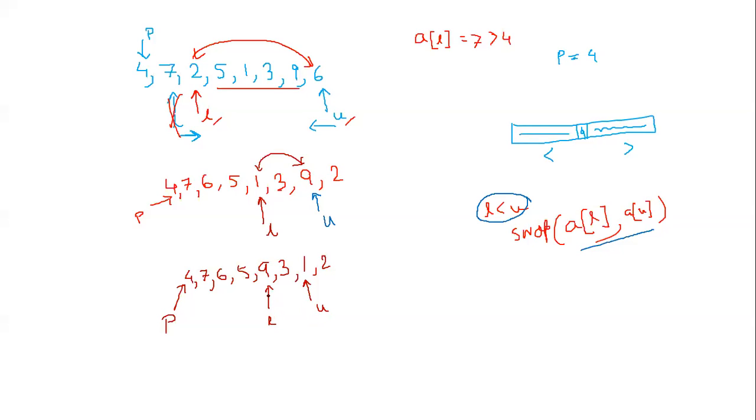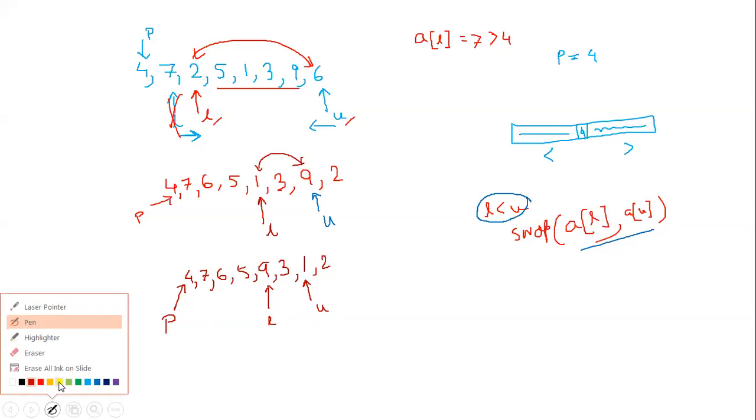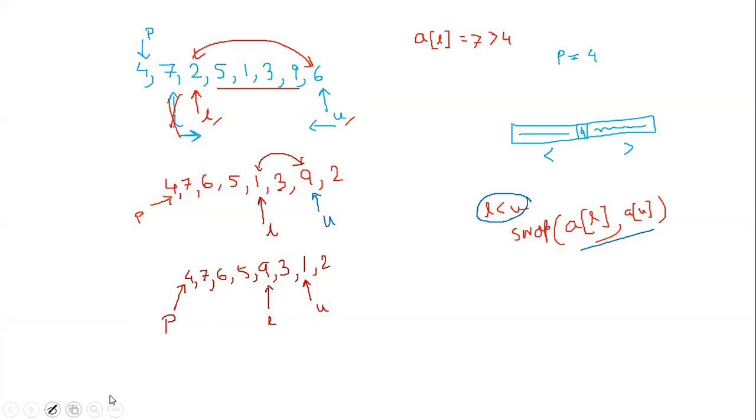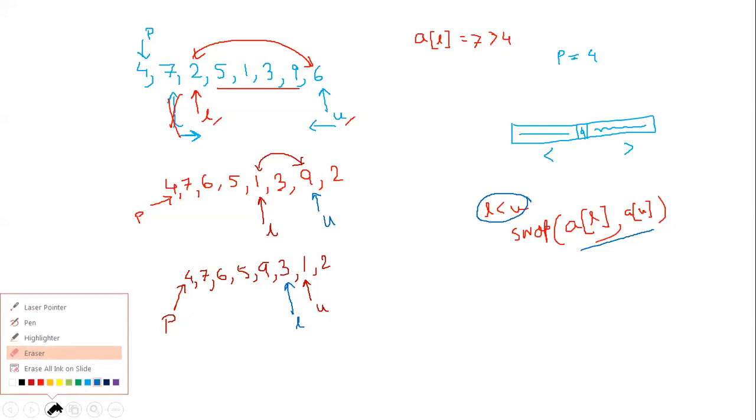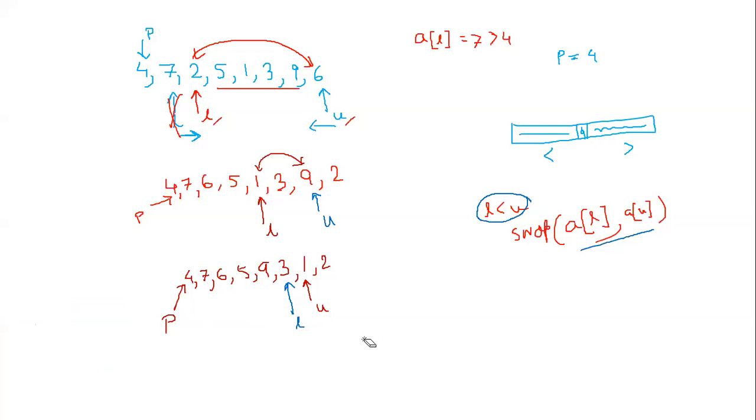So now L will start changing its location. L is greater than 4. Now L can change its direction, and where will L stop? L will basically stop over here, right? L will stop over here because now L is pointing to this value, which is lesser than pivot.